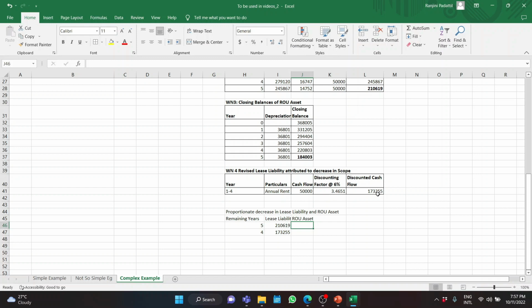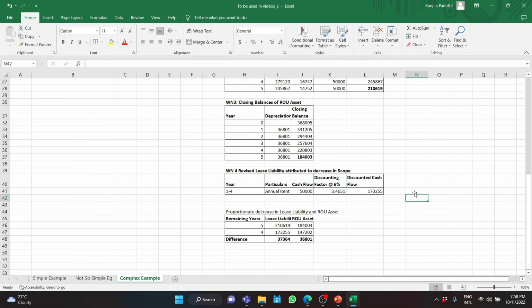How about the ROU asset? The ROU asset, when the remaining number of years was 5, it was 184,003. When it is only 4, we multiply it by 4 and divide it by 5. 147,202. The lease liability has reduced and the ROU asset has also reduced.